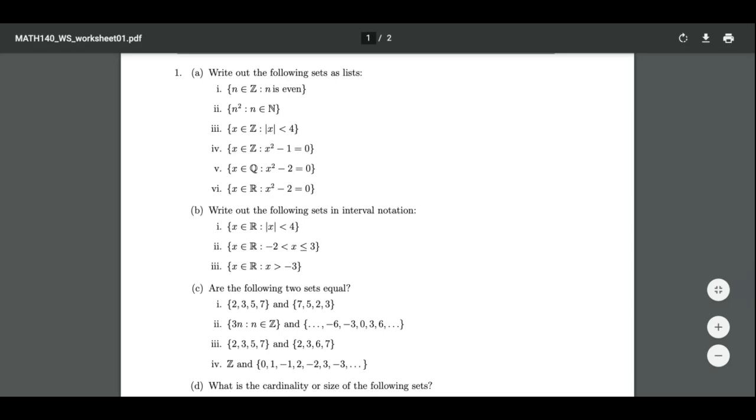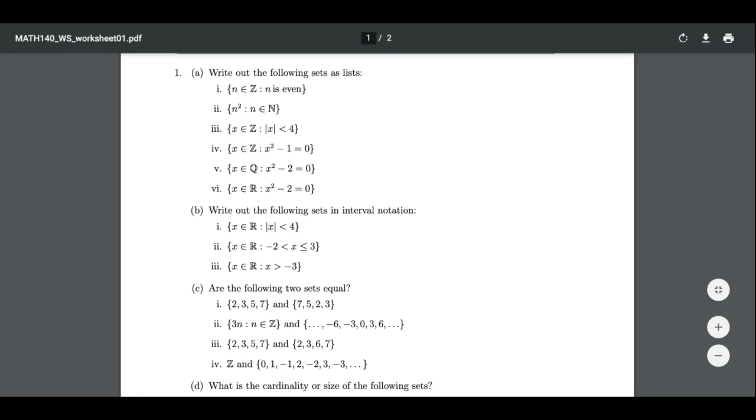This is in set builder notation. The first one is saying the elements in this set belong to the integers. We know the integers are not a finite set, and n is even, so this set has to be infinite. Great, I like those questions and answers.